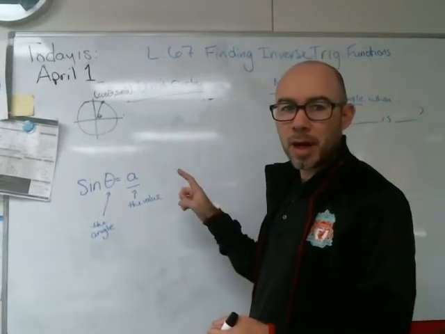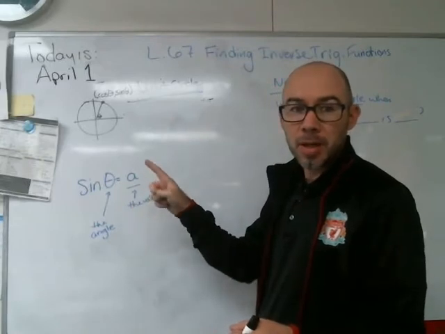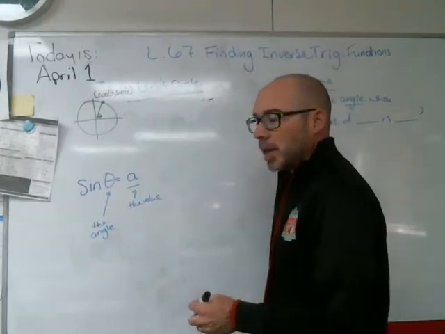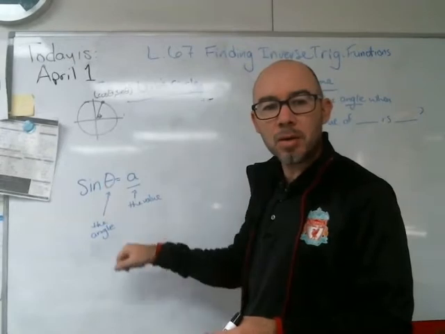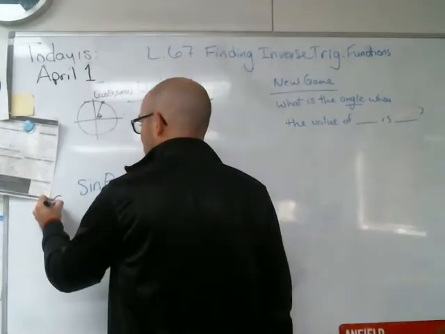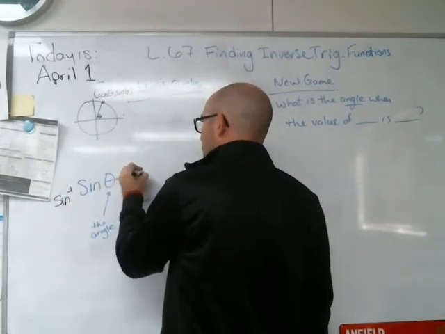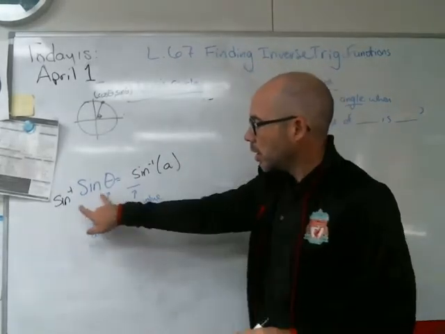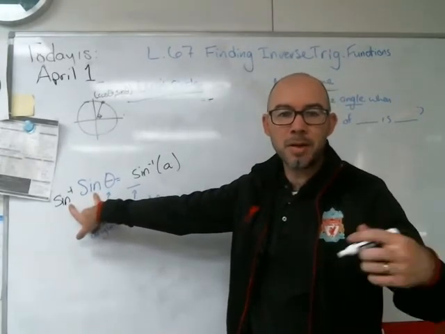We're trying to solve not for the value equals A, we want it to be equals theta. The way that we do that is we undo taking the sine of that angle by taking the inverse sine. That means we take the inverse sine of the value. The sine and inverse sine cancel each other out, like multiplying and dividing.